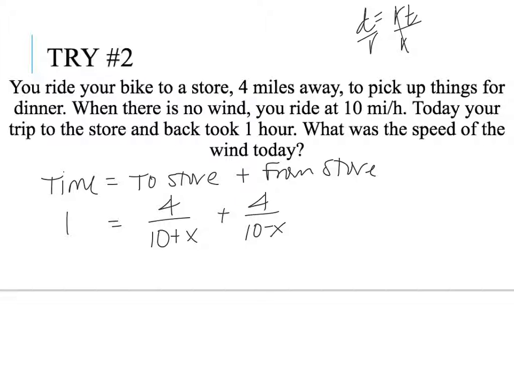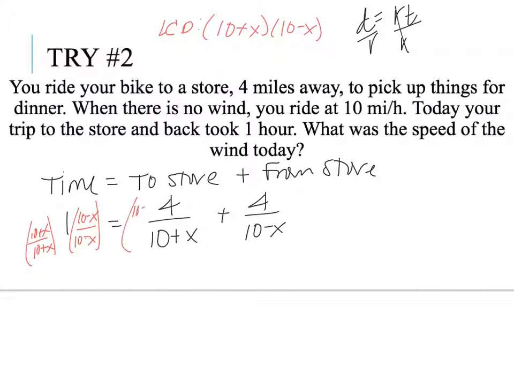So once again, it's kind of obvious to see that our LCD is going to be 10 plus x and 10 minus x. So I need to multiply this first one by 10 plus x and 10 minus x. The second one by 10 minus x, and this last one by 10 plus x. All right, so now the denominators are gone.